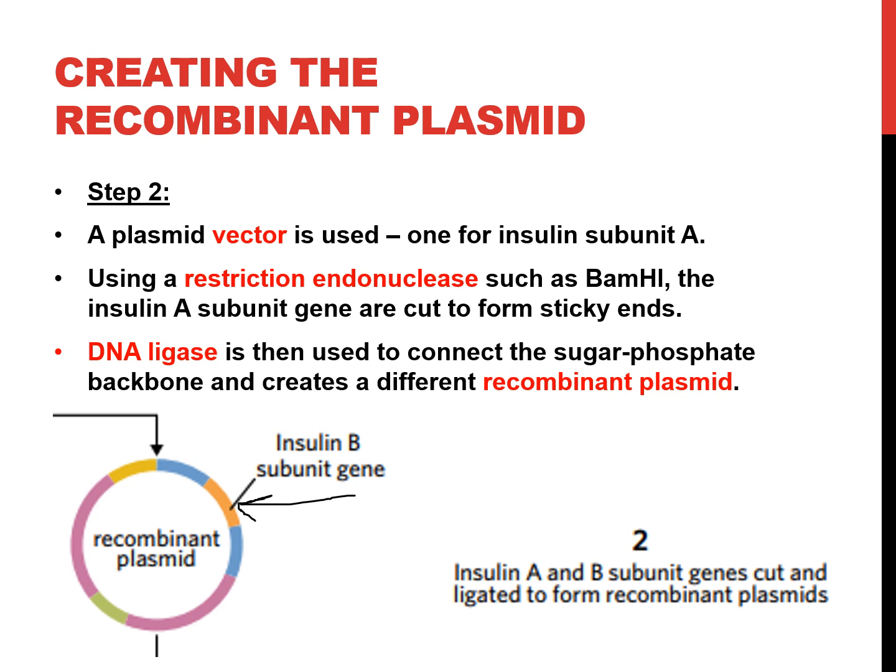DNA ligase is then used to connect the sugar phosphate backbone, so those phosphodiester bonds are reconnected. Obviously, it's a sticky end cut too, so the hydrogen bonds are also reconnected between the nitrogen bases. And there you go, you have your recombinant plasmid, the one with the orange target gene.